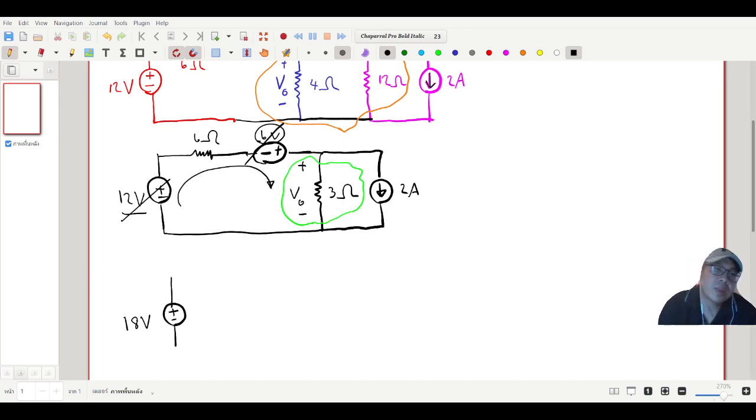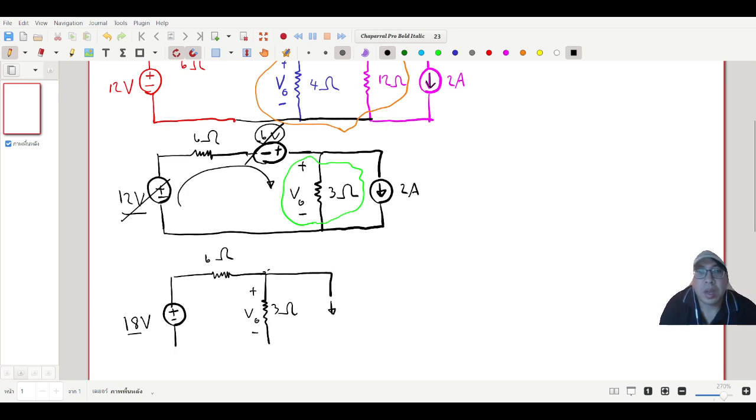Where did it come from? 18 volt is 12 plus 6, and then here 6 ohm. The position here is the same, VO and 3 ohm, and then the current source here.